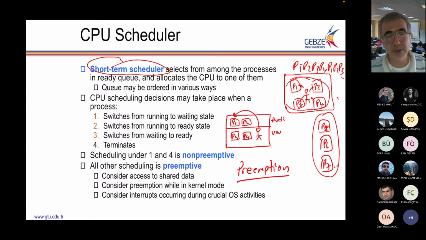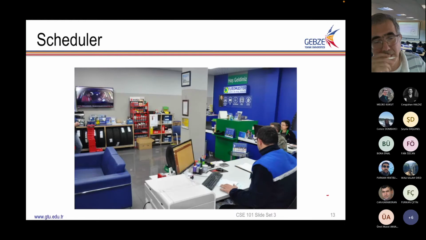So this is the scheduler. The scheduler schedules who comes first, which car needs to get attention from which mechanic, which CPU is going to run which process and how long.